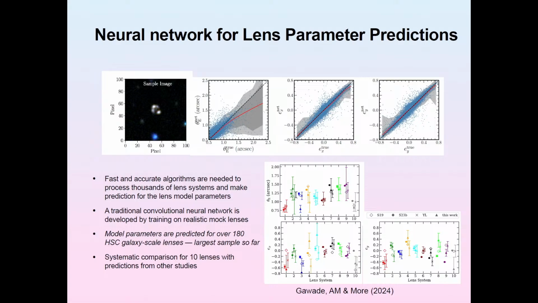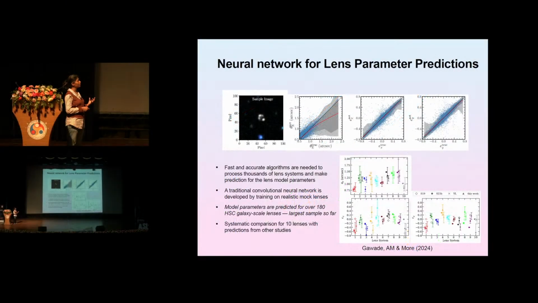Another thing that we are putting effort toward is developing methods that will allow us to not only search for lenses but also model them using neural networks, because that will allow us to perform this modeling very fast as well as giving us sufficient accuracy.